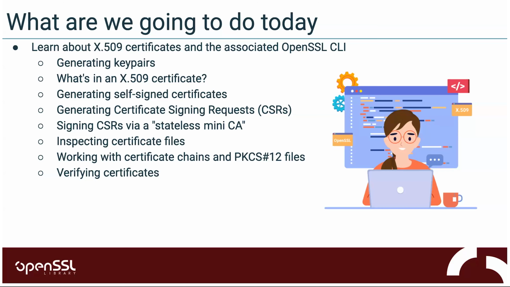We're going to learn what's in a certificate, how to generate one that's self-signed, how to generate a certificate signing request for a certification authority to sign, how to actually sign it using your own CA, looking at the certificate files and making sure that they have the right content, converting them back and forth to PKCS 12 format for Java applications or for end users to receive certificates and keys, and how to verify certificate chains.